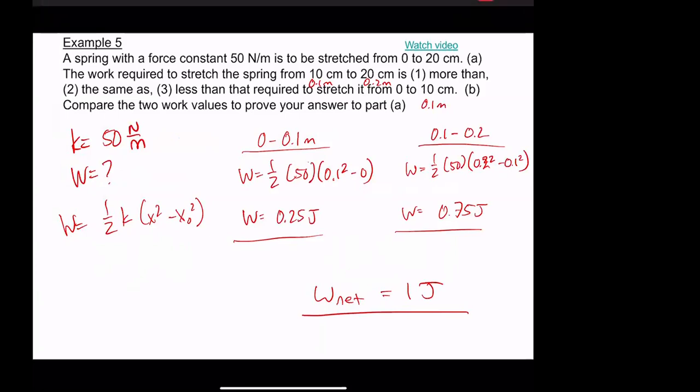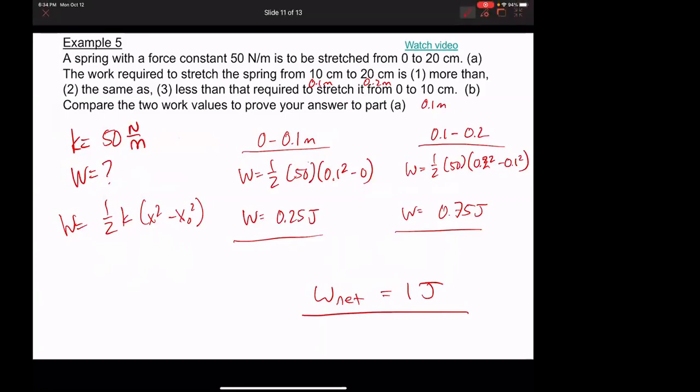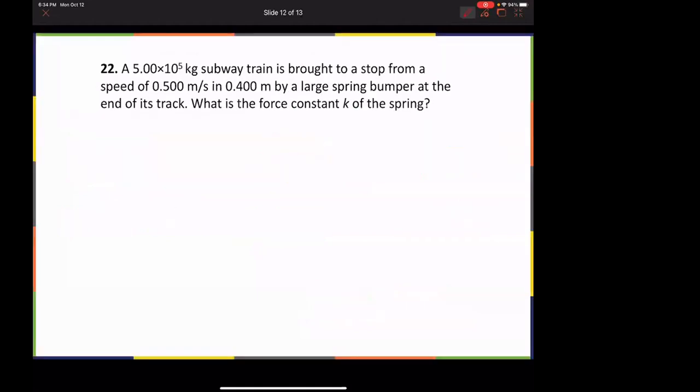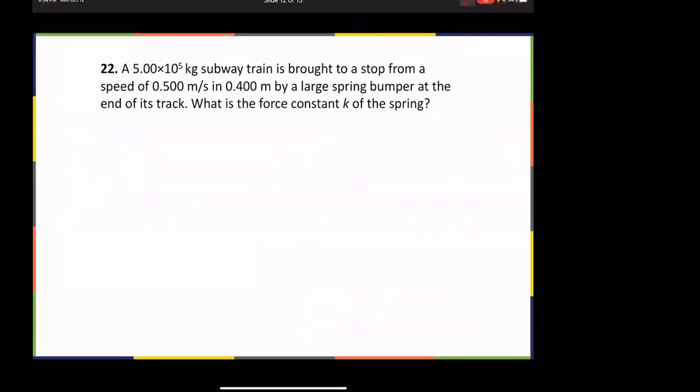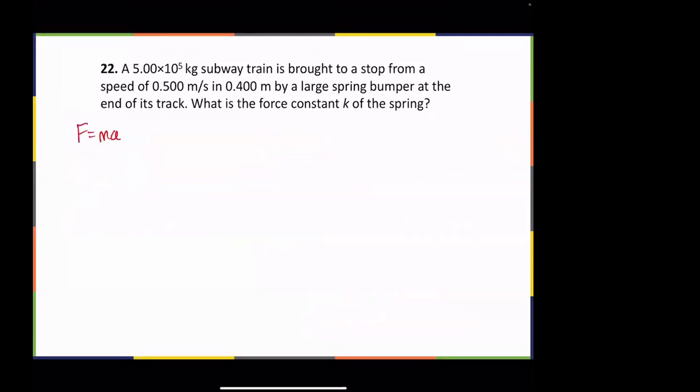Do you have any questions on that? All right, you guys try this one. It's a little tricky. It incorporates what we learned last time, so you're going to need the formula F equals ma.